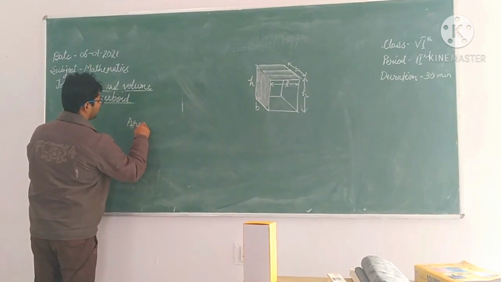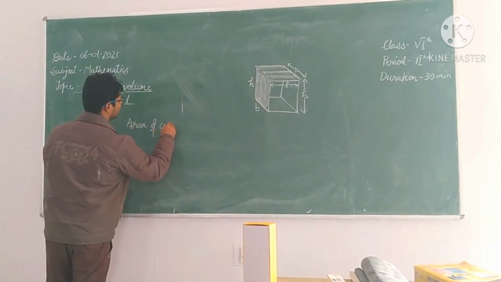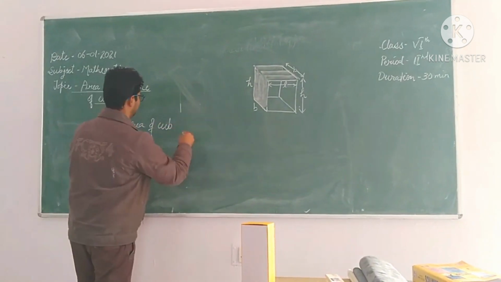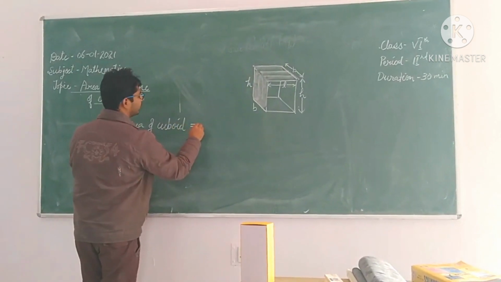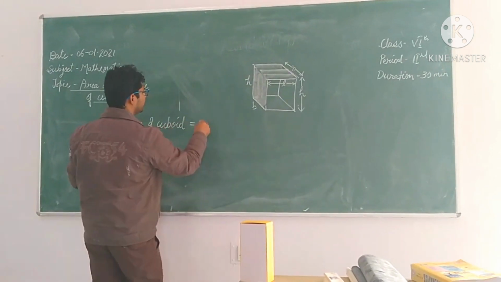Area of the cuboid, the 3D figure which is made of 6 faces of rectangle. So what will be the area?